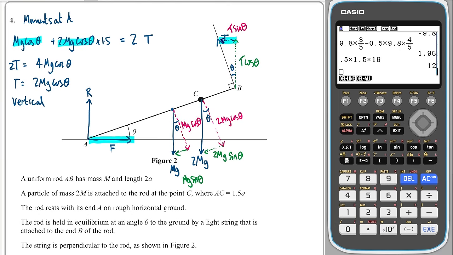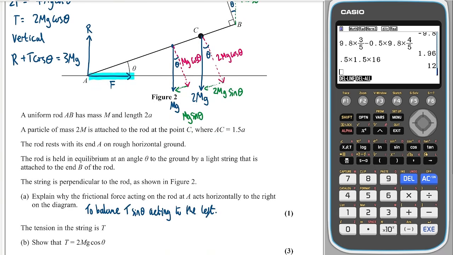We have R going up, and we also have going straight up is T cos theta. And what do we have going down? We have mg and 2 mg. So that's a total of 3 mg.